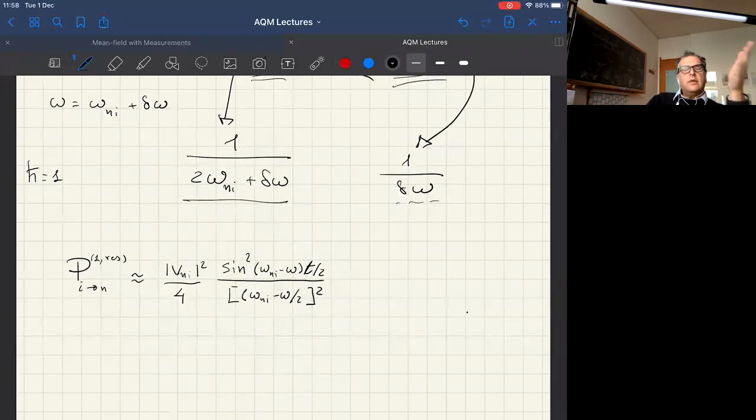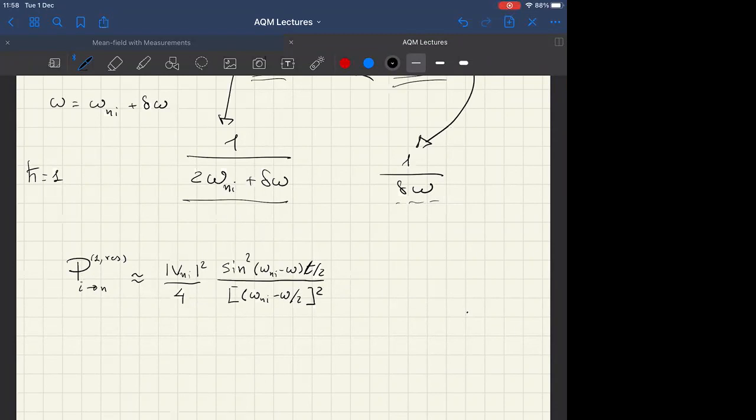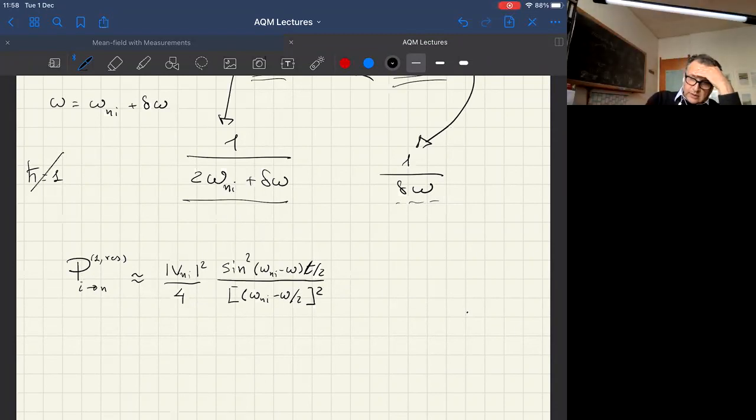For instance, if you fix h bar to 1, the energy has the dimension of a frequency. But it's a choice. So if you want to put back h bar here, you should put it here.